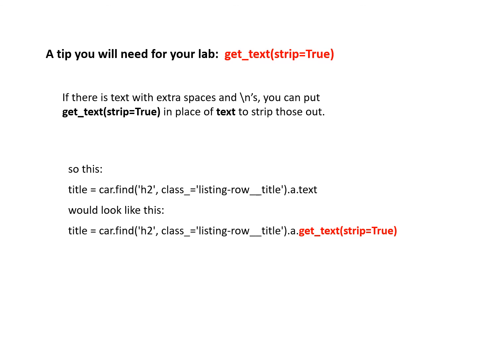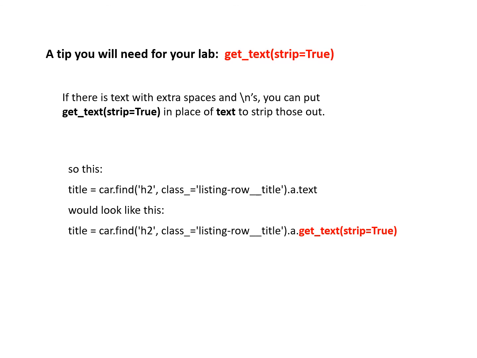So there is a function called getText, and you can put inside that function strip equals true. When it pulls in text, if you're looking inside a certain tag and you want to get the text, if you say getText strip equals true, then it's going to strip the white space out, any white space in front or at the end of these characters.